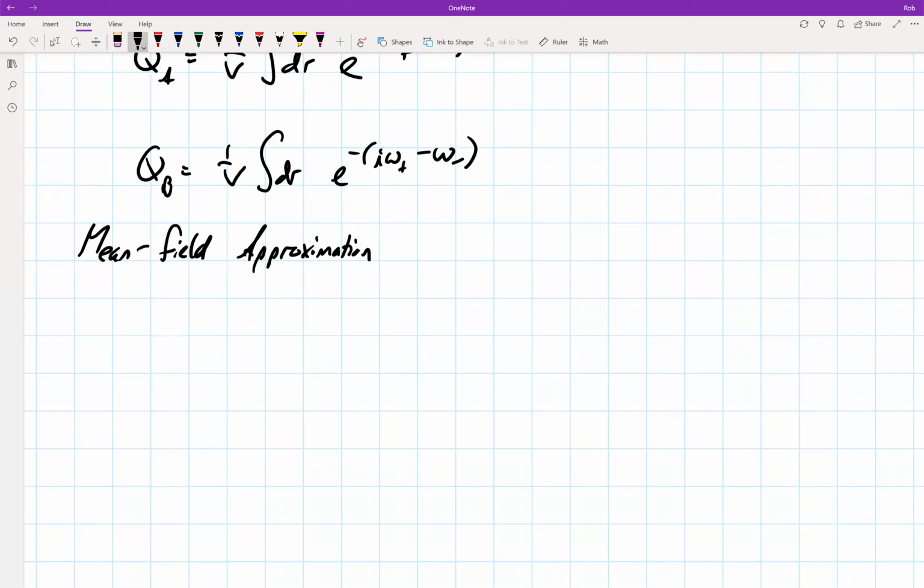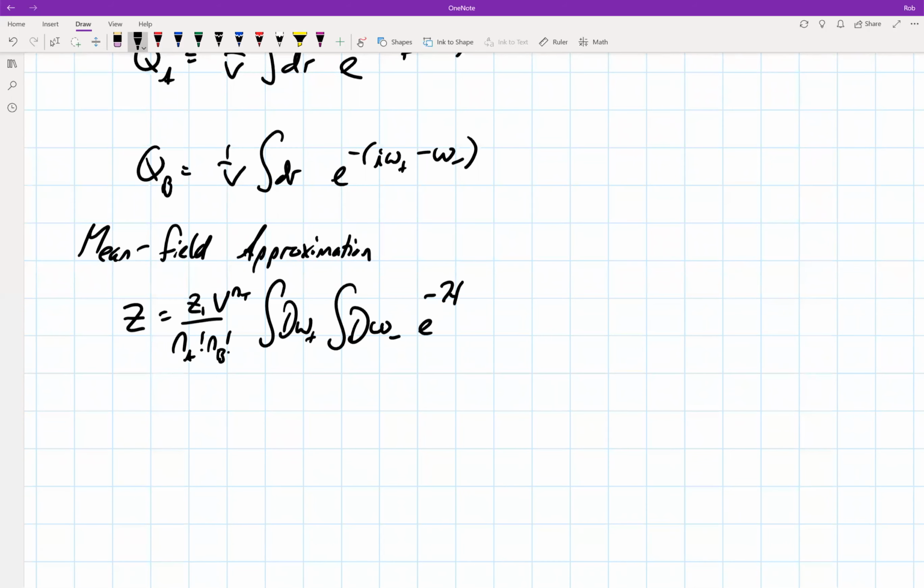And the whole idea here is that we again have our partition function, b to the n total, and a and b, and then integral dw plus, dw minus, e to the minus h.